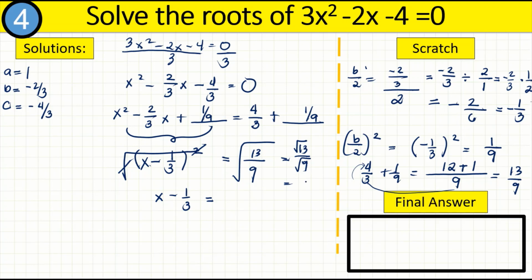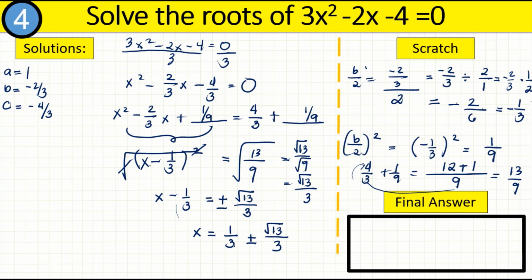And simplifying further, we cannot simplify square root of 13. So, we have square root of 13 over square root of 9, that is 3. So, we will have positive and negative square root of 13 over 3. Okay, since x ang kinukuha natin dito, lipat natin si negative 1/3. So, we will have x is equal to 1/3 plus minus square root of 13 over 3.